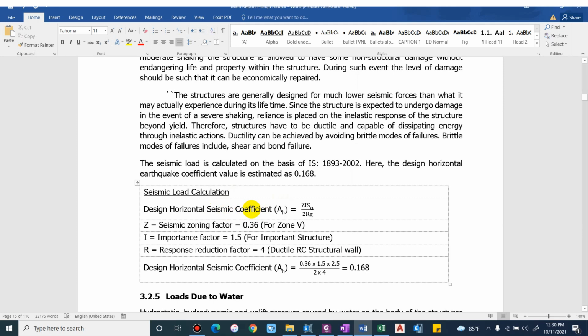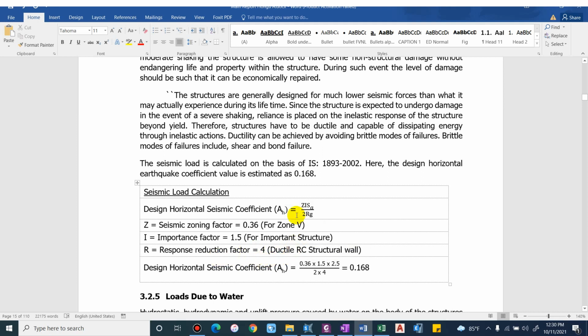For the horizontal seismic coefficient, we have the formula Z I Sa by 2Rg, where Z is the zone factor, 0.36 for zone 5 considering the IS 1893 code. Similarly, the importance factor is 1.5 as it is an important structure, and R is considered 4 for a ductile RC structural wall.